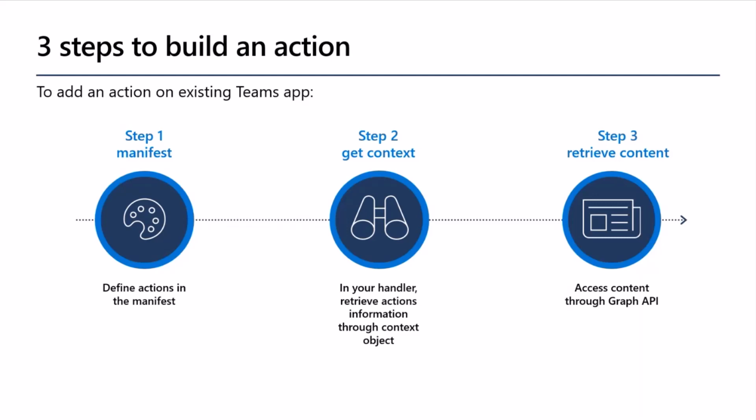And then you will be able to use the Teams.js API getContext to get information about the actions and also about the object, basically the file that the user triggers on. And then by getting that information, you will be able to call Graph API to get information or access the content or help your user modify or do whatever they want with the content.